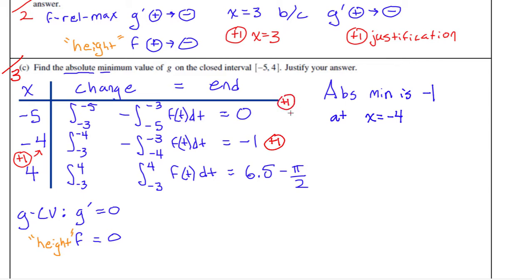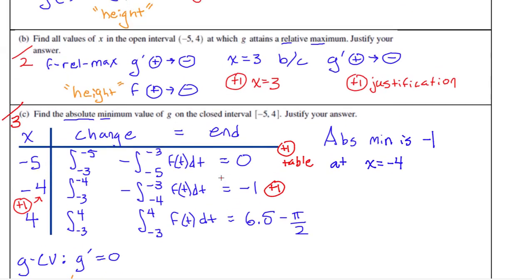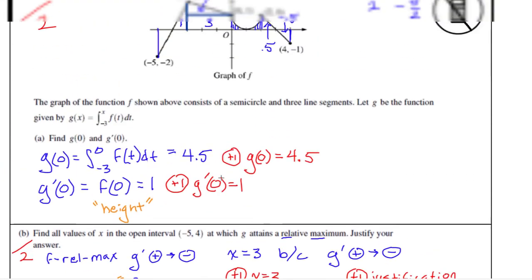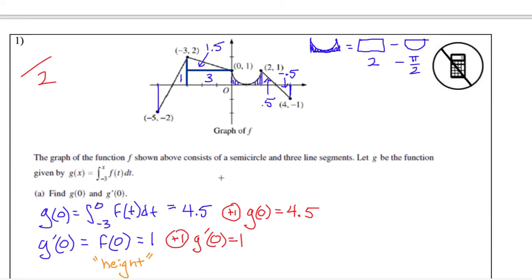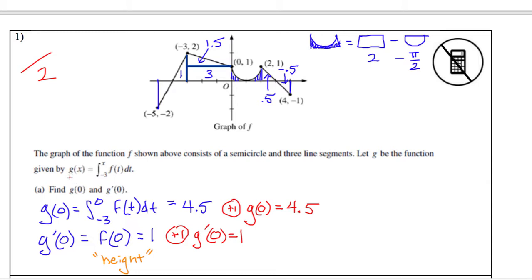+1 for the table. Do you think we'd get it wrong if we put x equals -4? If we put t equals -4, do you think they take a point off? Oh, is it supposed to be t or is it supposed to be x? Oh, g is a function of x, so it is x.